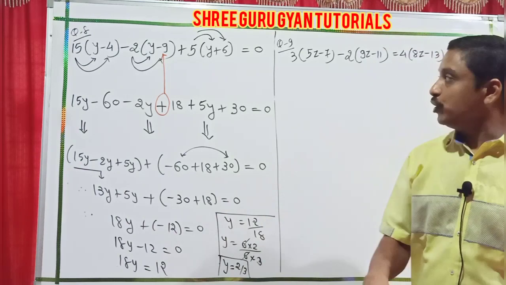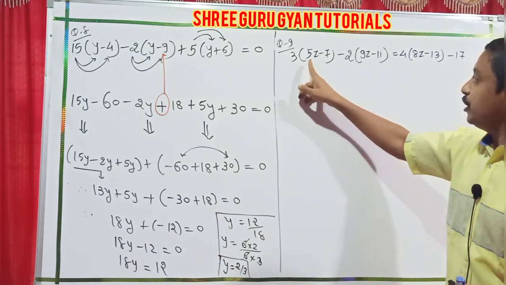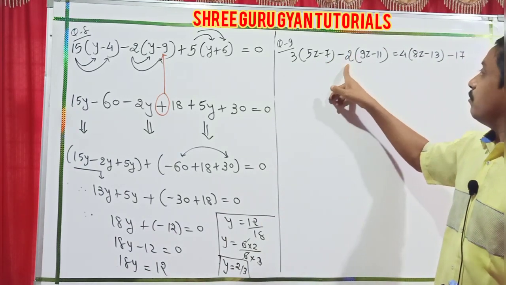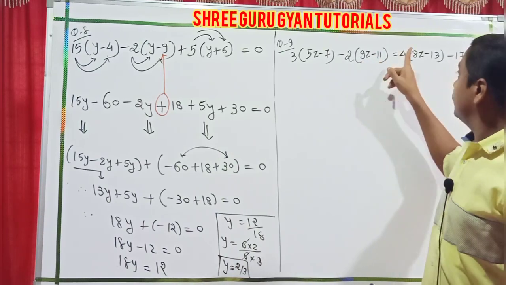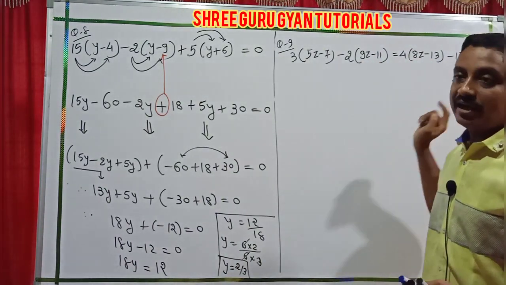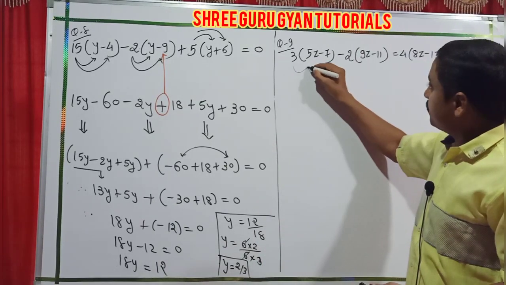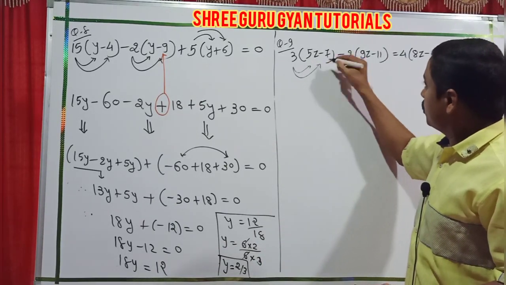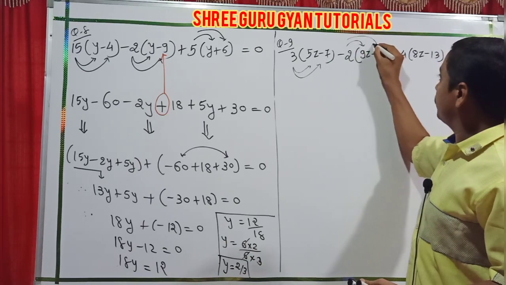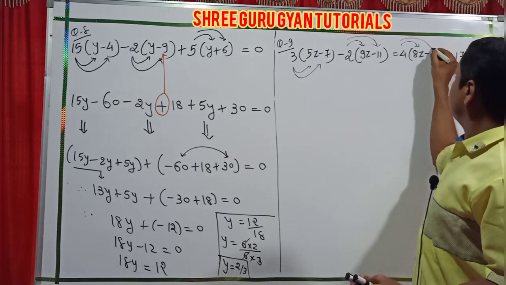Students, one more interesting numerical. Question number 9. 3 times (5z minus 7) minus 2 times (9z minus 11) is equal to 4 times (8z minus 13) and minus 17. So first of all, these 3 I multiply here, students. These 2 also multiply, and 4 also multiplying that.